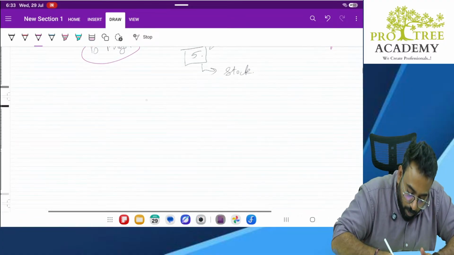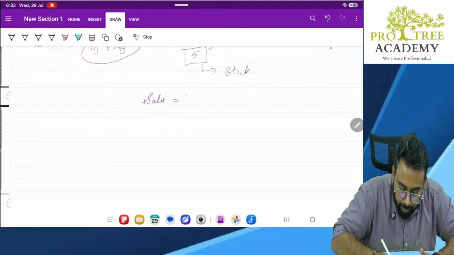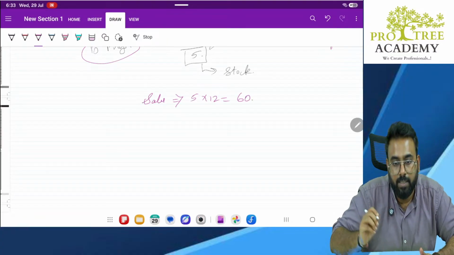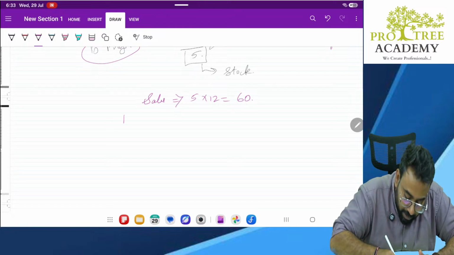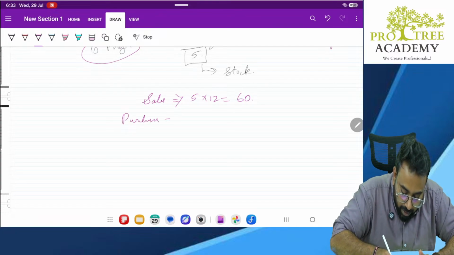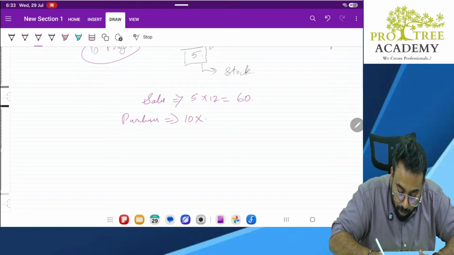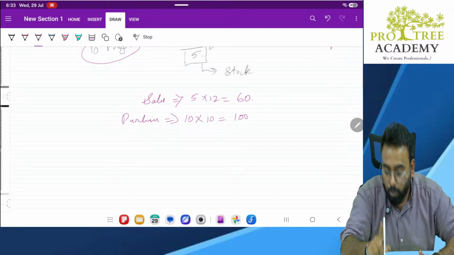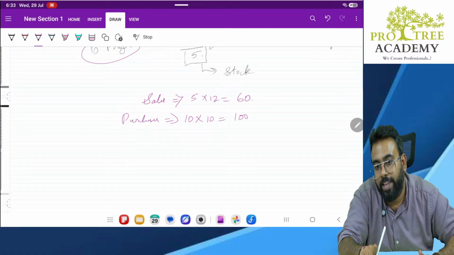Look carefully. What is your actual sales? Sir, my actual sales is 5 units into 12 rupees is equal to 60. What is your purchases? Sir, my purchases is 10 units into 10 rupees, 100. Correct or no? Now don't tell me, sir, my purchases is only 5 into 10.